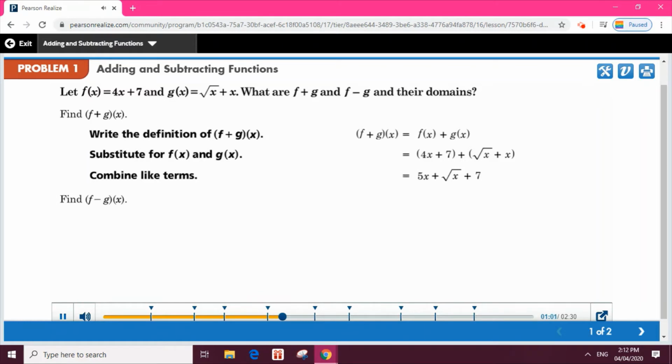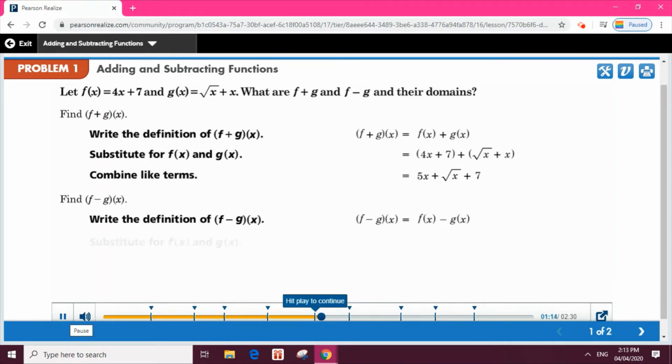Next, find the function f minus g of x. Write the definition of f minus g of x. Substitute for f of x and g of x.